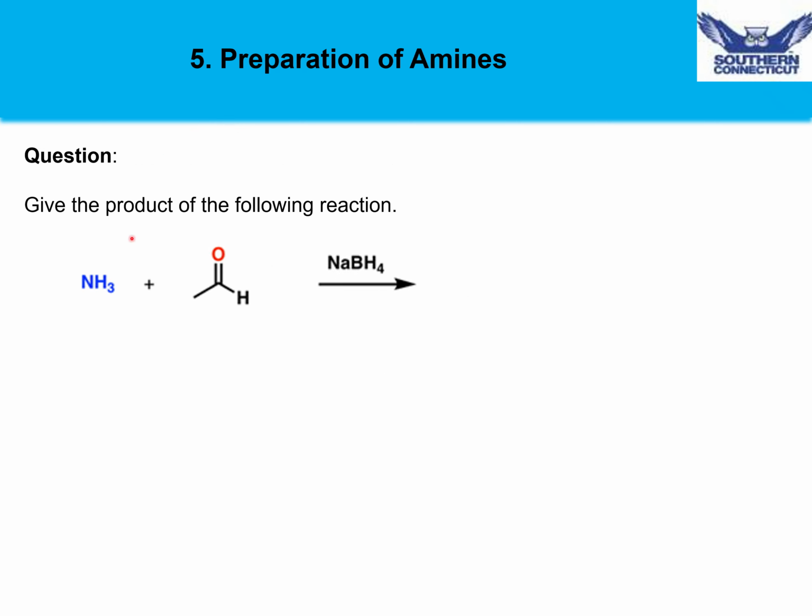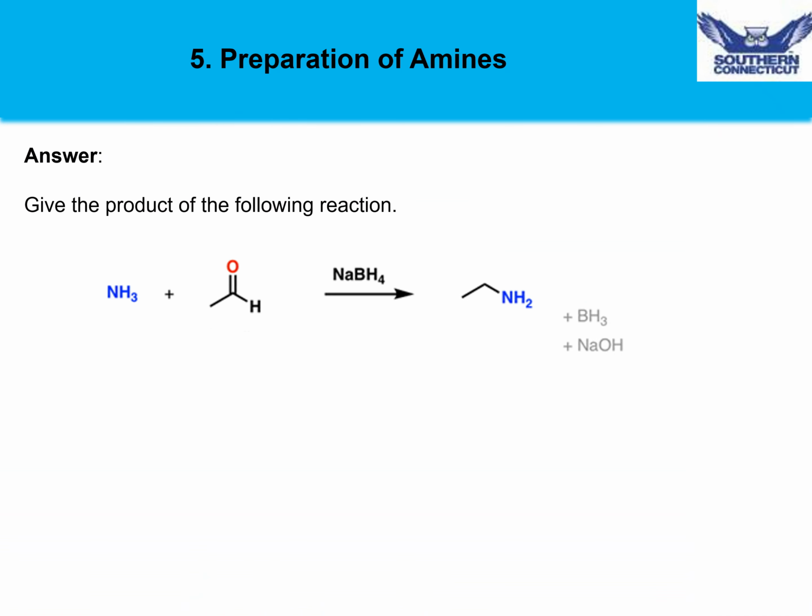In this question, we want to predict the product of a reductive amination between ammonia, acetaldehyde, and sodium borohydride. In this reaction, ammonia will replace the carbonyl and initially give you an imine that looks like this.